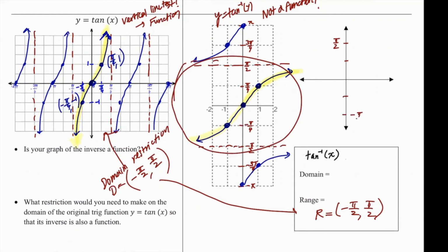So -pi over 2, -pi over 4, pi over 4, and we have horizontal asymptotes at pi over 2 and -pi over 2. Then we got, oops, that should be pi over 4. (0, 0), (1, pi over 4), (-1, pi over 4).